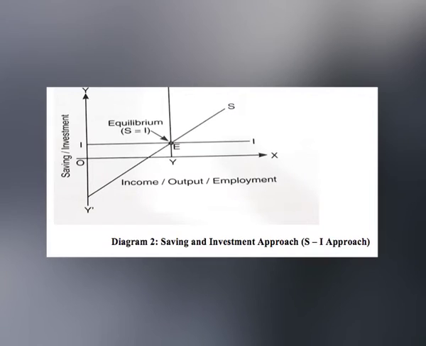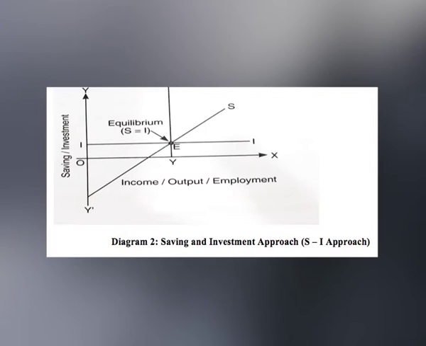If planned saving is greater than planned investment, that is, after point E in the diagram, households do not spend as much as the companies wished them to. As a consequence, the inventory grows above the amount desired. In order to clear the unnecessary spike in inventory, businesses will decrease output until saving and investment are equal to each other.